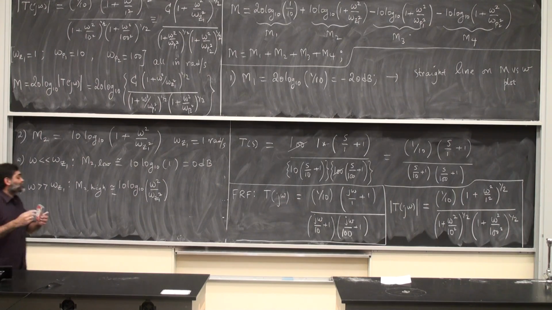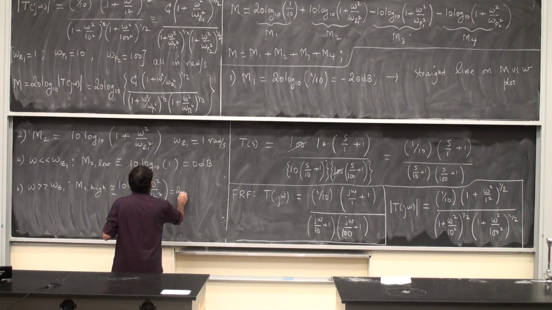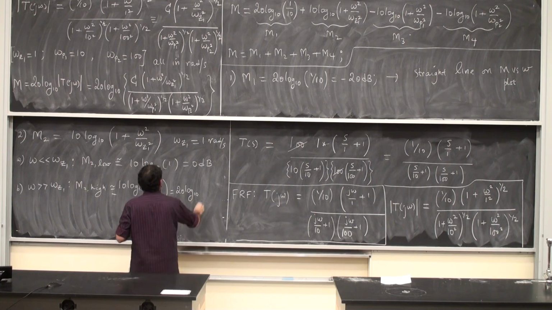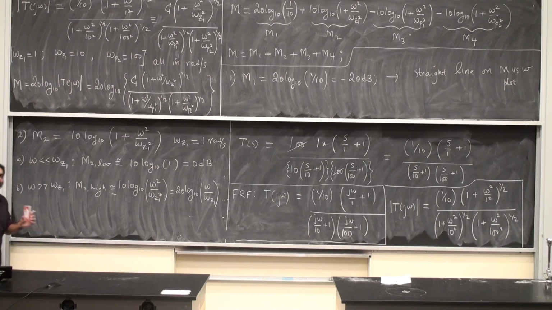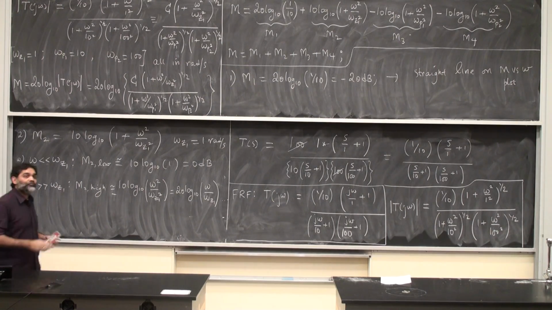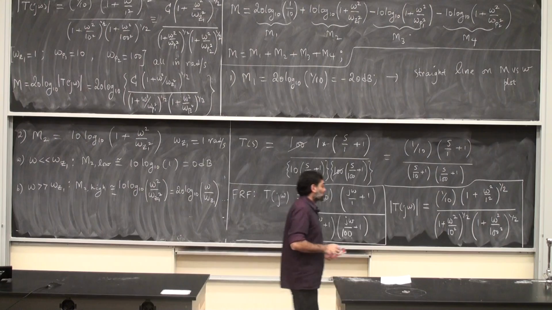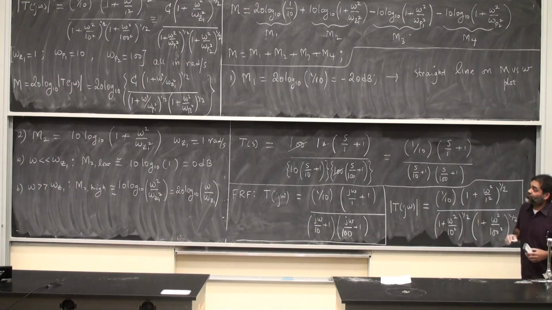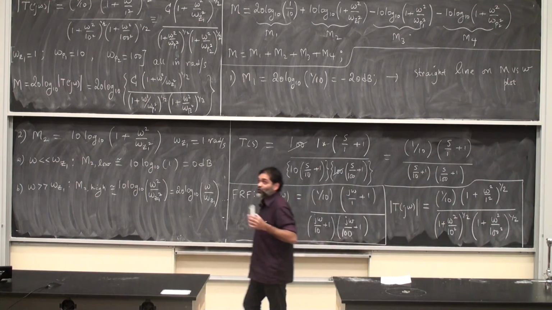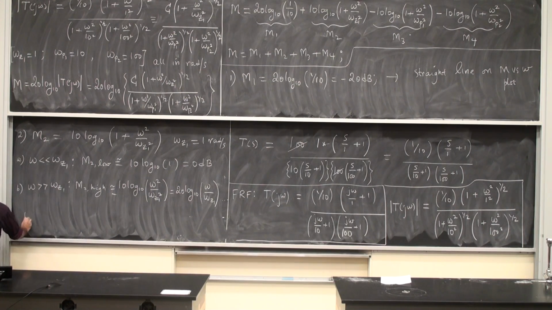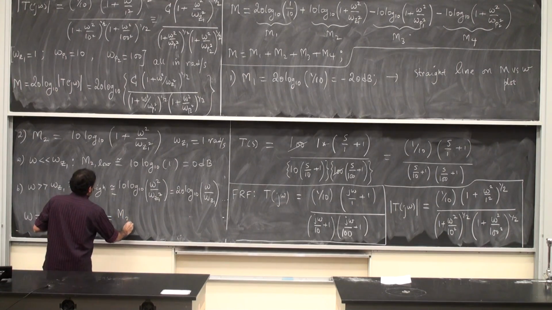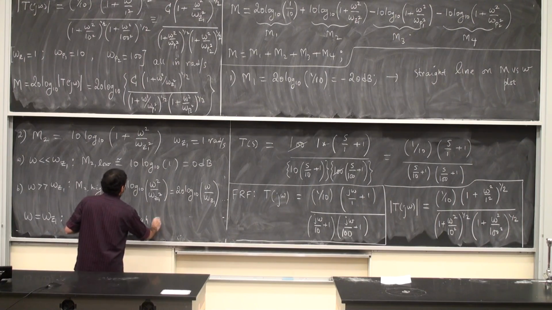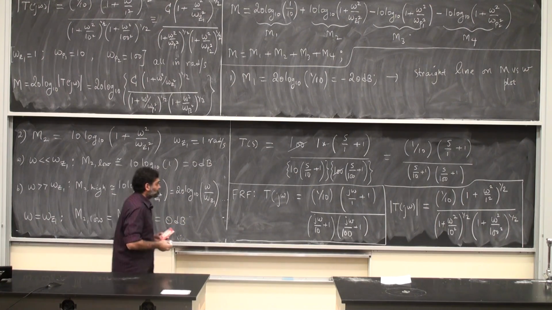Get rid of the square, so this becomes 20 log 10 of omega by omega z1. So these are essentially your cutoff frequencies or corner frequencies. You have multiple of them in this particular problem. This becomes a high frequency asymptote, and obviously they meet when omega is equal to omega z1. M2 low is equal to M2 high, which is 0.